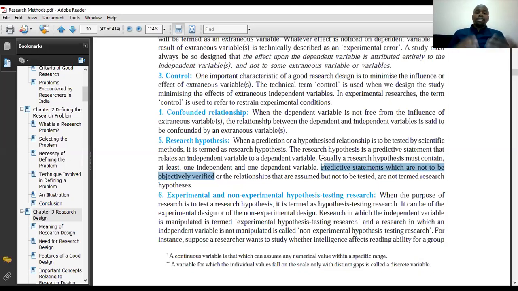That is an assumption, and it can be true, but it has not been tested. That is why you go to do the research and collect data, so that you can prove whether your assumption is true or false. So a research hypothesis is a predictive statement that is subjective, meaning it is not objective. It has not been tested.